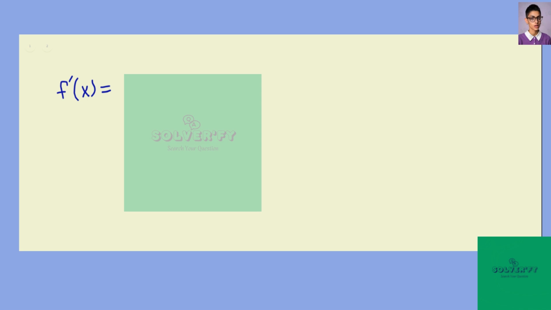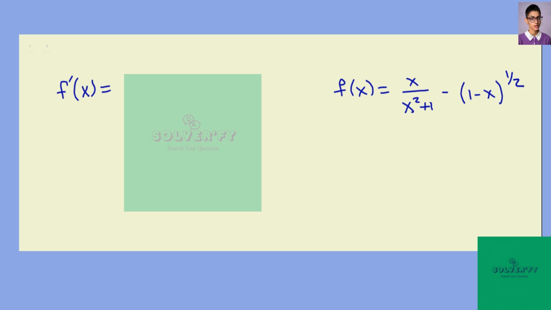Let me write my function. f of x equals x divided by x squared plus 1 minus x to the 1/2 power.